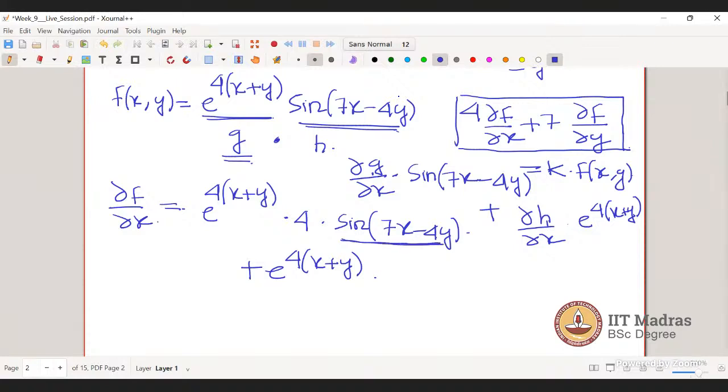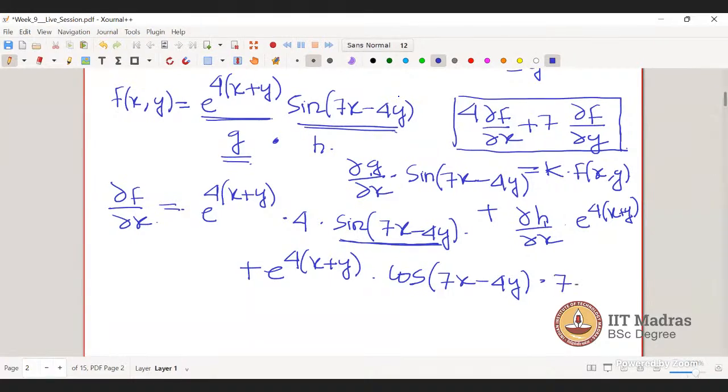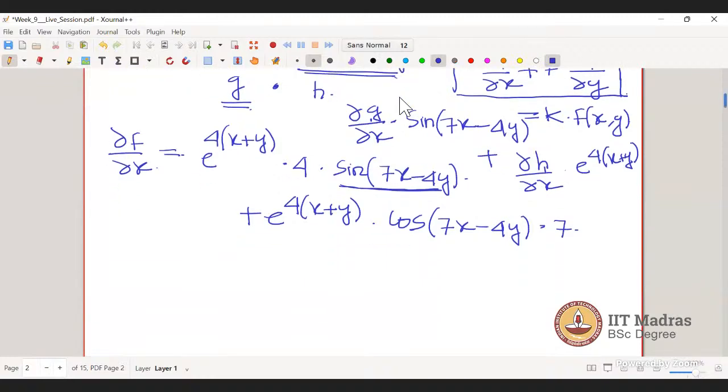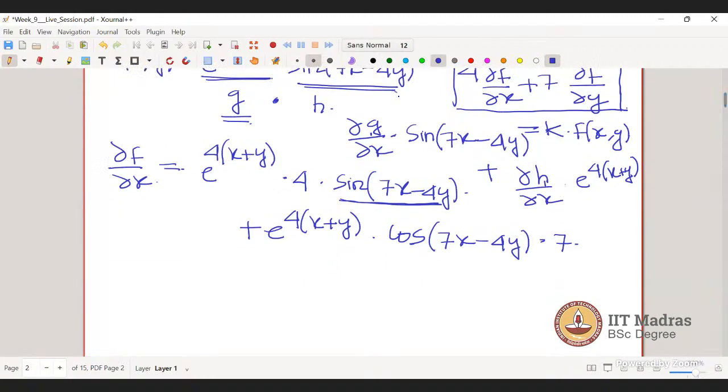That is cos(7x minus 4y) into 7, so 7 into 7. So this one is the partial derivative of f with respect to x.